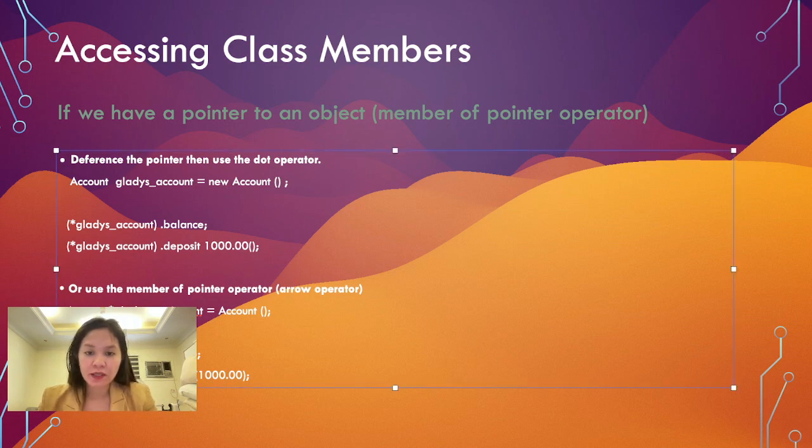I'm sorry, I made a mistake here, so I need to put it as Account Gladys_account = new Account(), or you can input your number, how much you will input, and then Gladys_account->balance and Gladys_account->deposit with your input number.